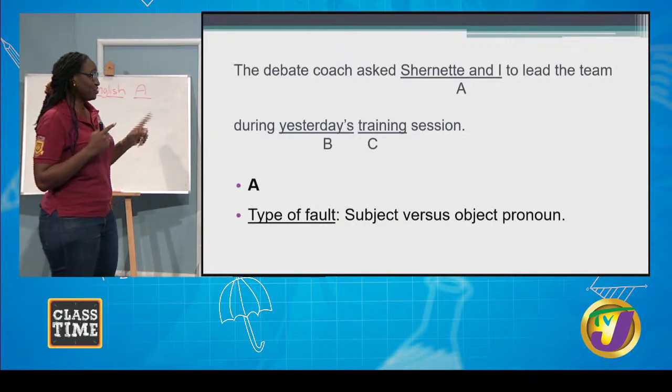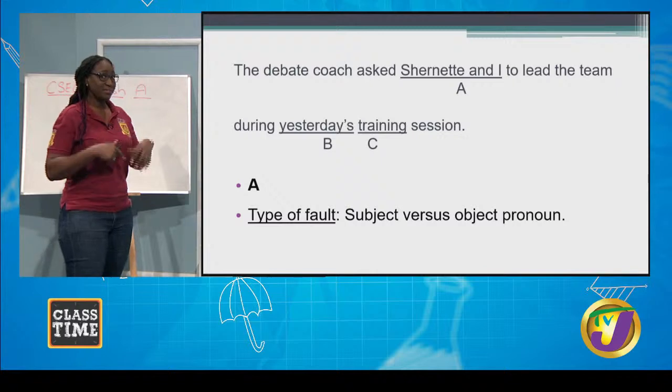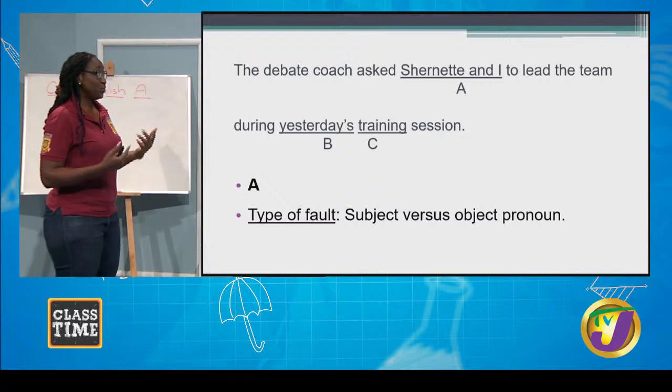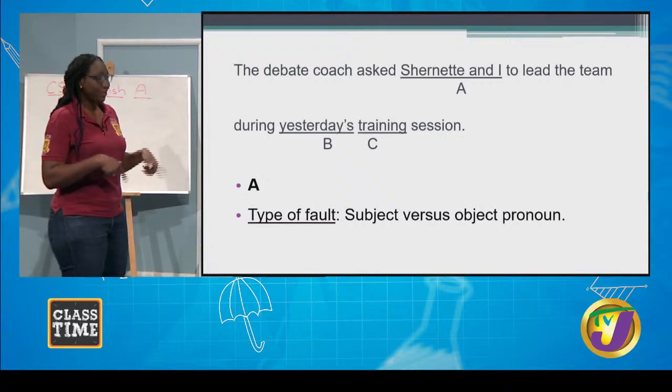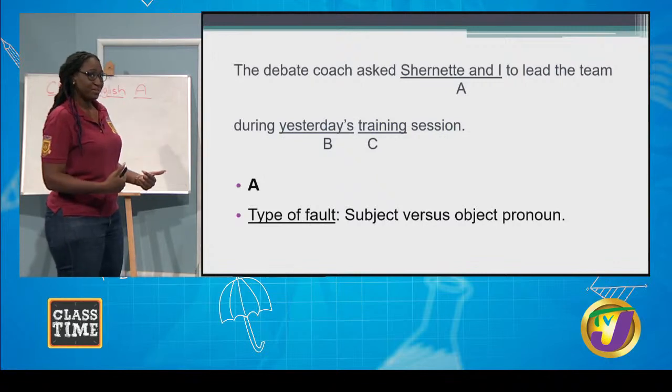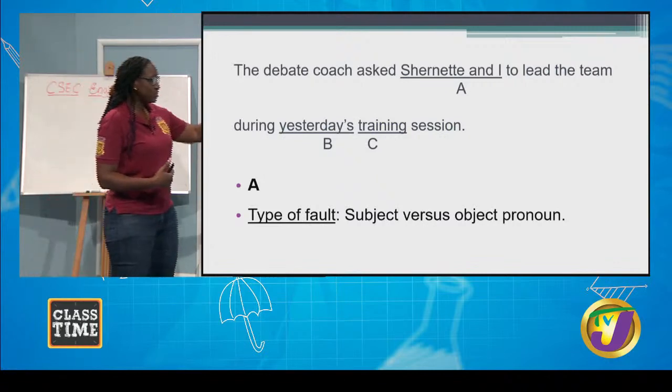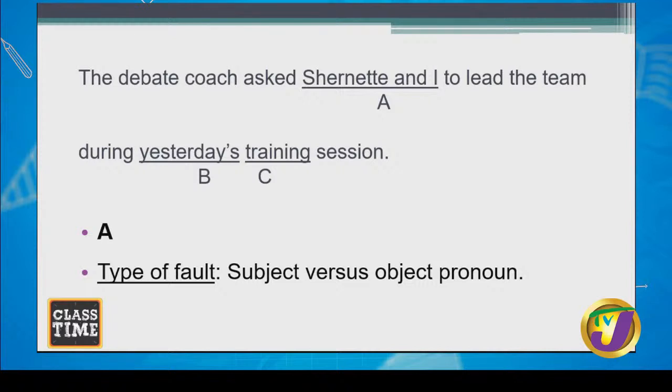Right here we have Shernet and I. I is a subject pronoun. You use I when I am the subject of the sentence. But right where you see it, am I the subject of the sentence? No, the subject of the sentence is the debate coach. So what do you need to put there instead? It should be Shernet and me.